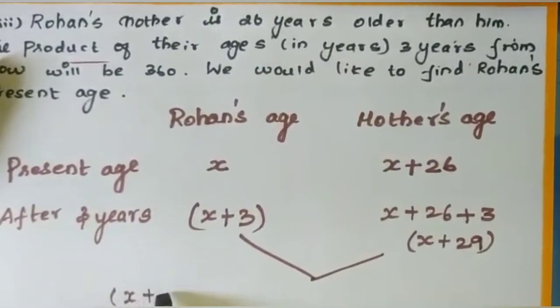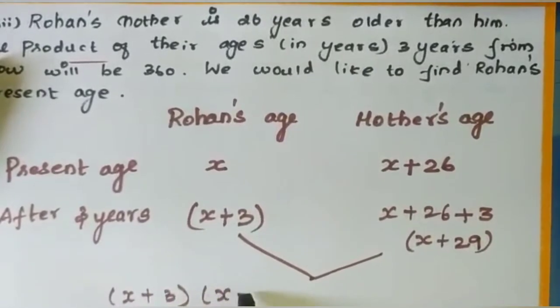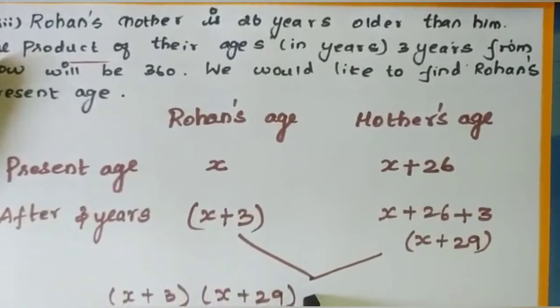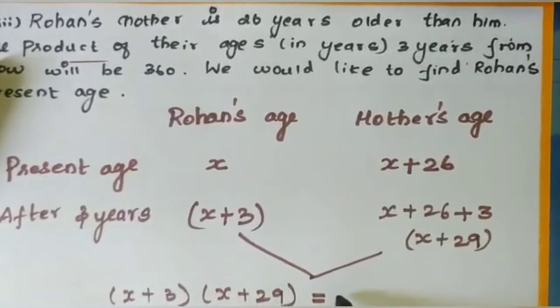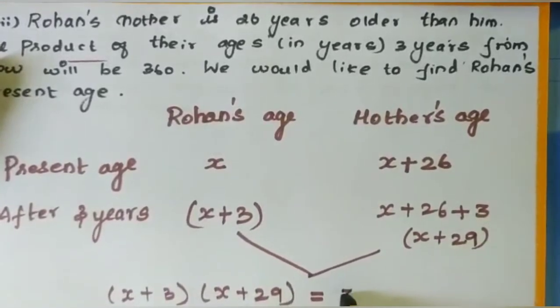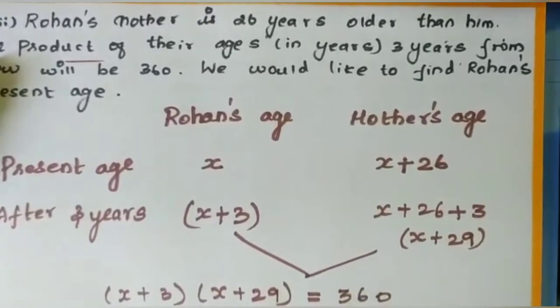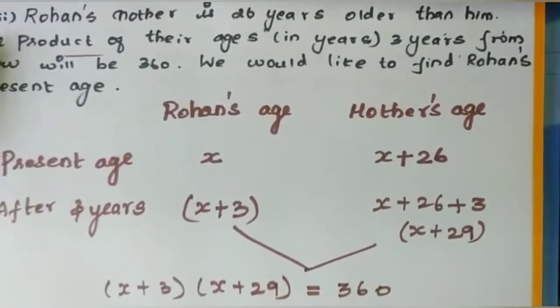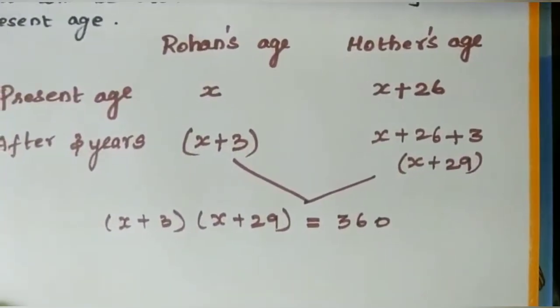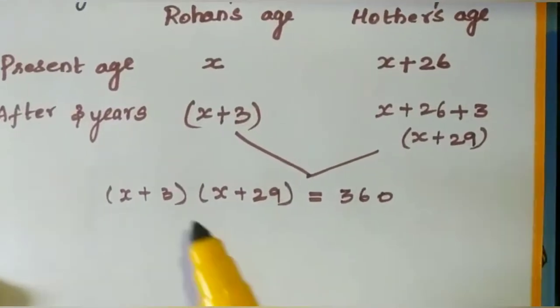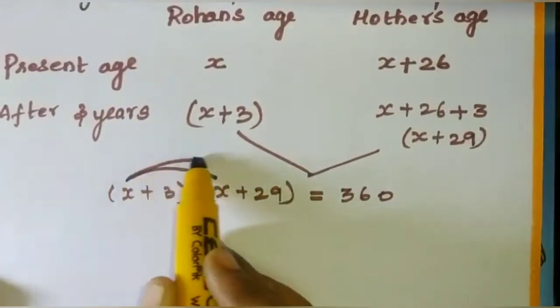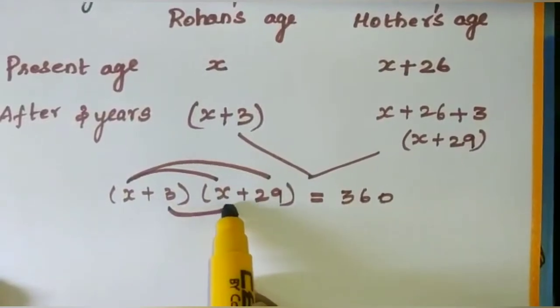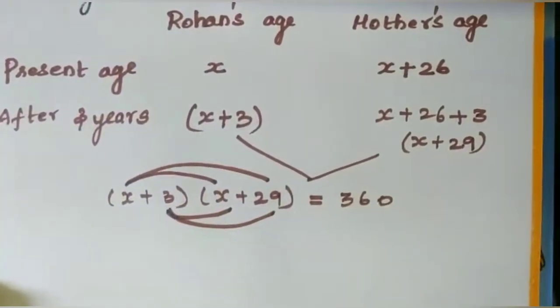So (x plus 3)(x plus 29) is equal to 360. Clear? The product of their ages is 360. Now multiply first term with first term, first term with second term, second term with first term, and second term with second term.